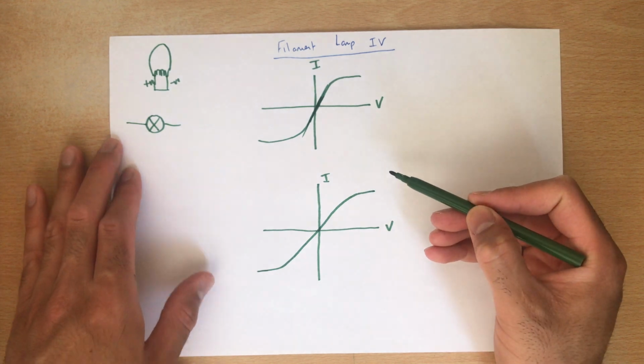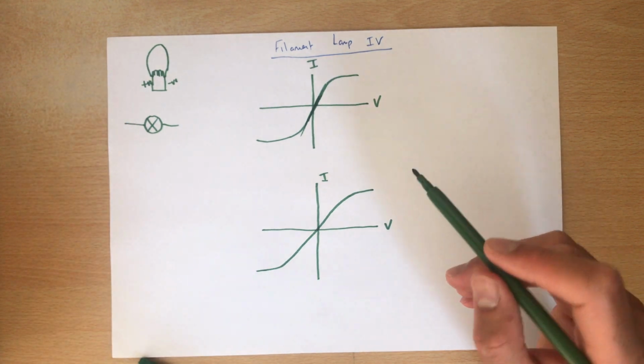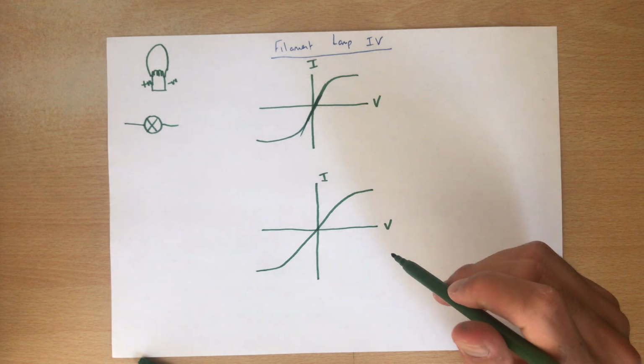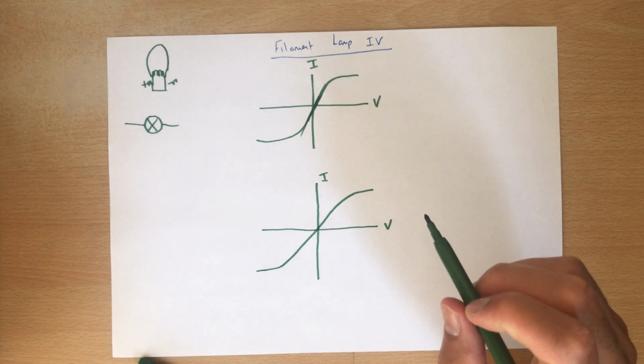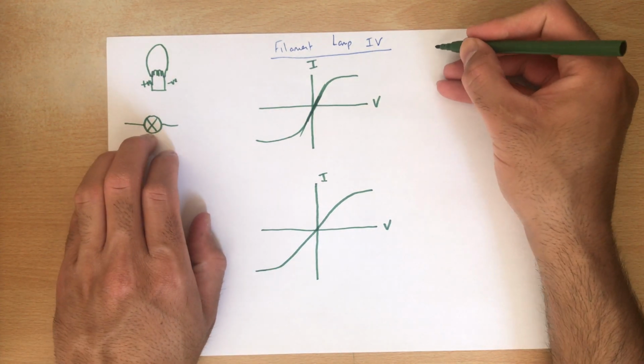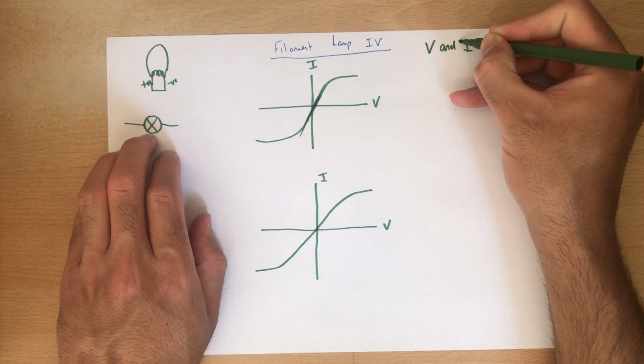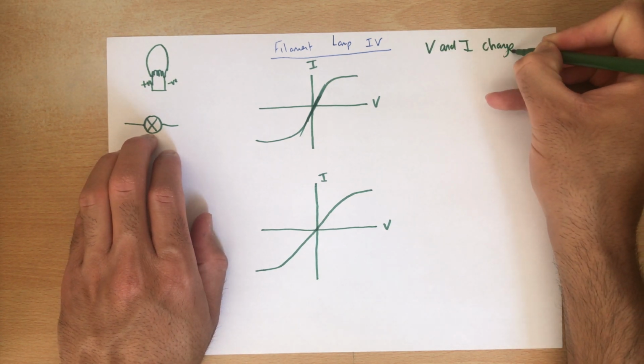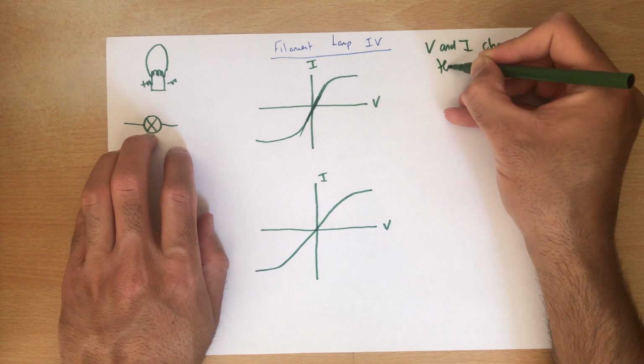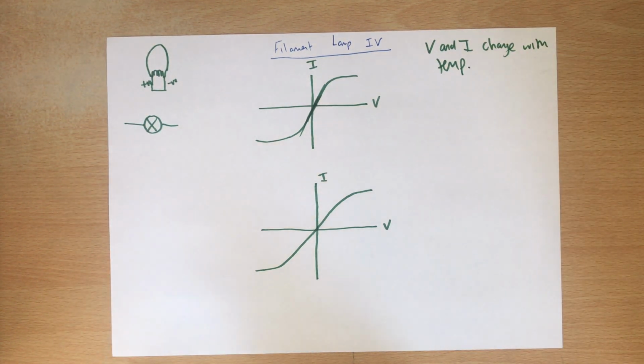What you can see automatically is that it's not an ohmic conductor, so V and I are not proportional. V and I change with the temperature that you input, or what the filament lamp is at itself.